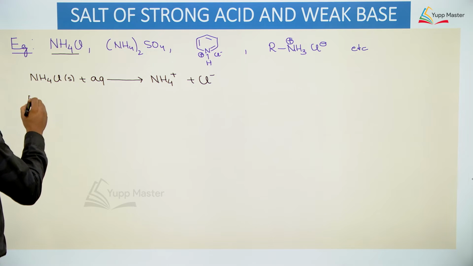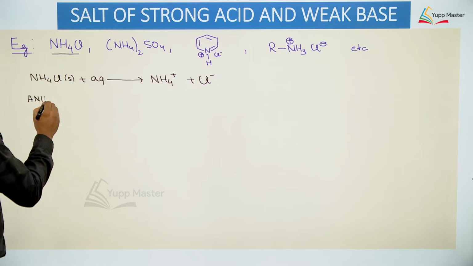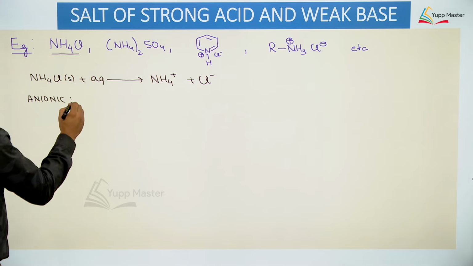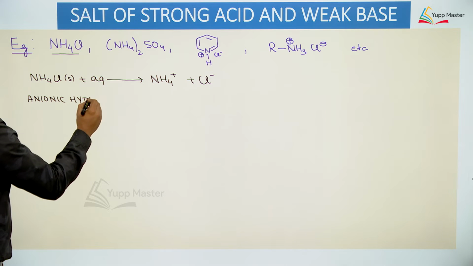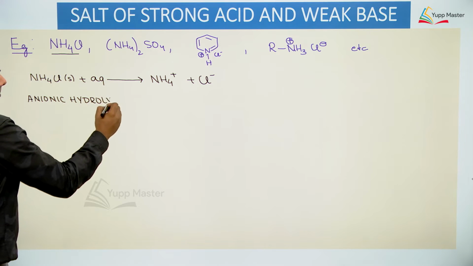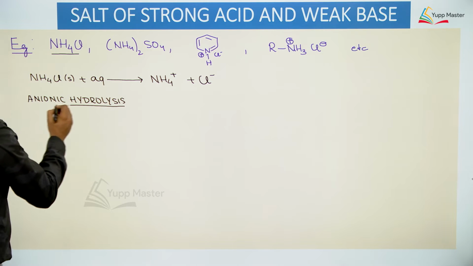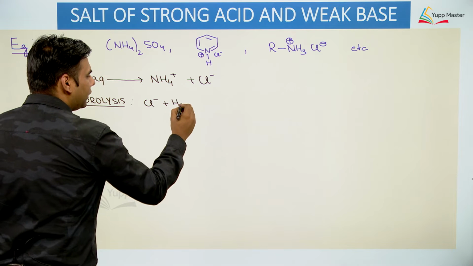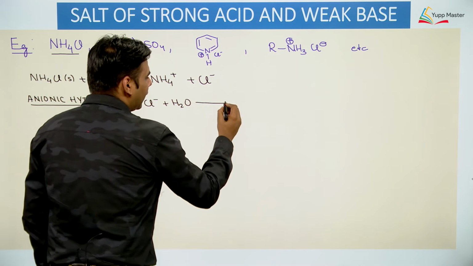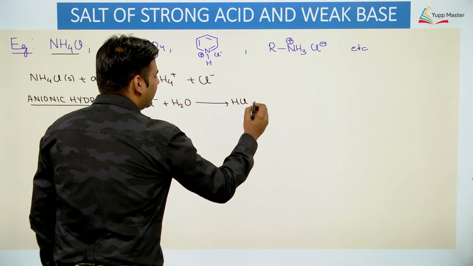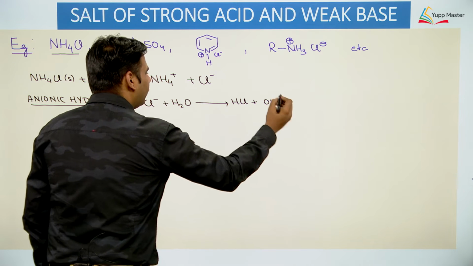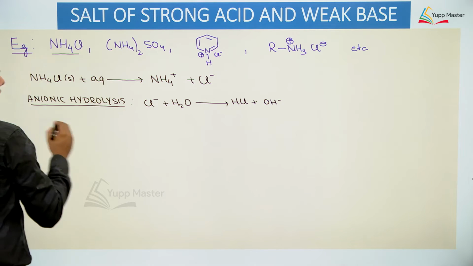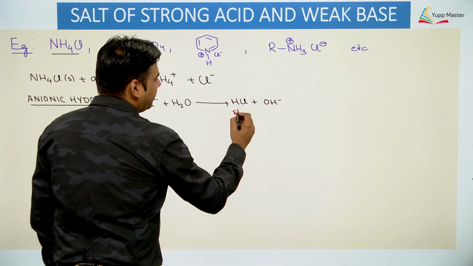So if you look at the anionic hydrolysis, the anion would attract a water molecule toward itself and would pull out an H plus ion and would form HCl plus OH negative. Now we know that the HCl over here is a strong acid, right?